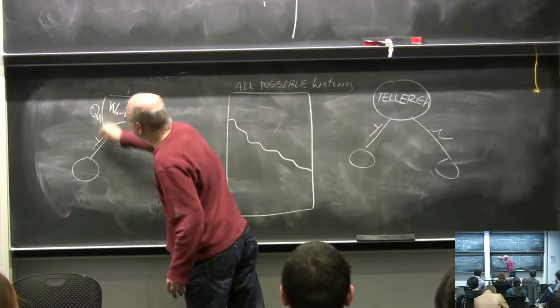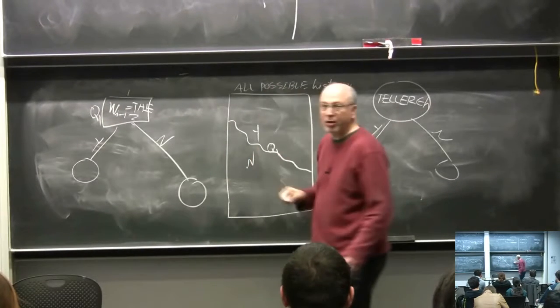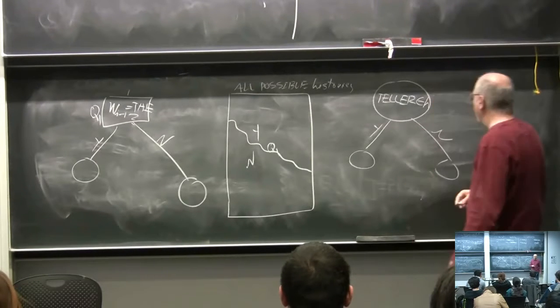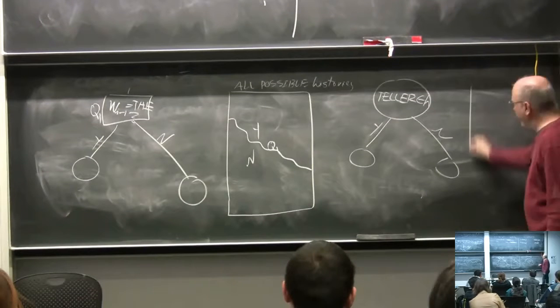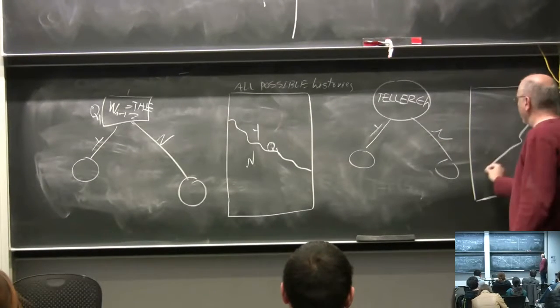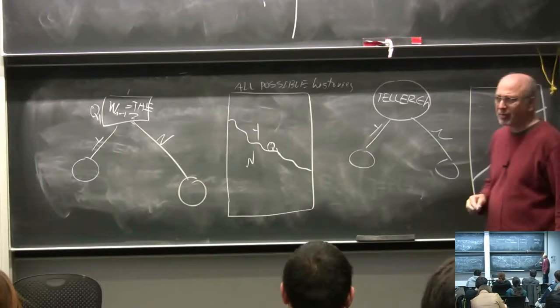I'll call it Q1. This is the yes side, this is the no side. Remember that view? Whereas here, it's the same space, but it's a different question. Call it Q2, and it divided into a yes or a no.